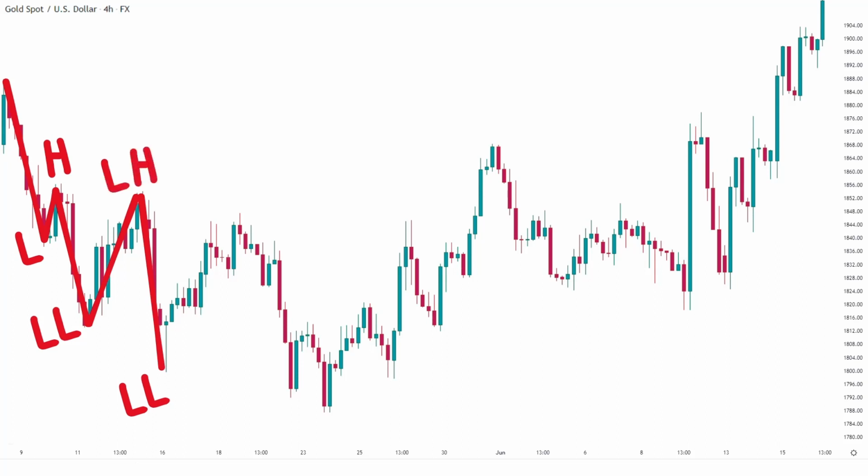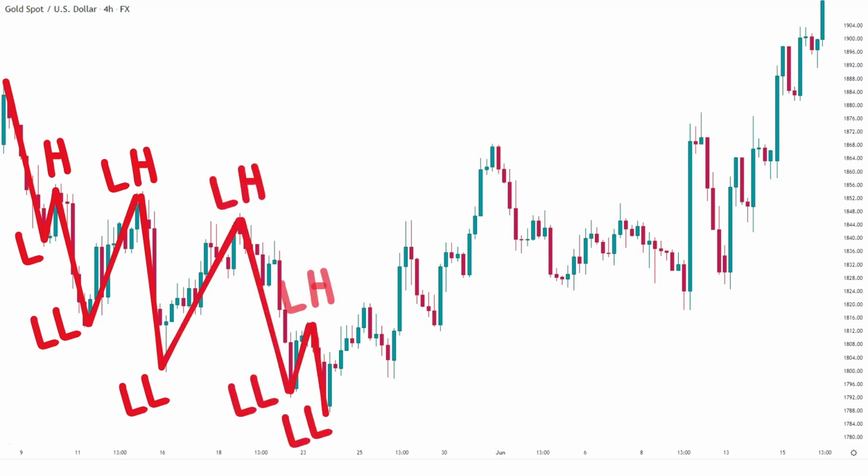So this is our new lower high. And once again, as long as we stay below this level, we are in a downtrend. And then market continues to make lower lows and lower highs until we get a break and close above previous lower high. After that we are no longer in a downtrend, and it will start a possible uptrend.